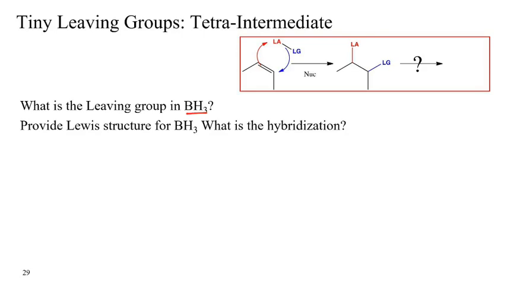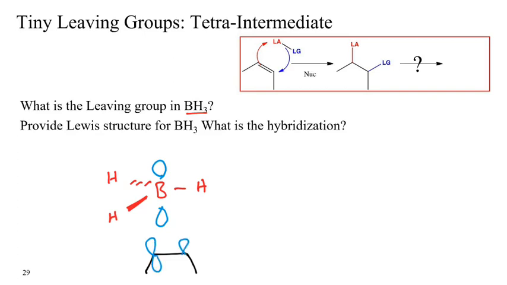Why is this special? Well, as we just elucidated with our Lewis structure for BH3, it is happy with just 3 groups of electrons around it, which means it has an empty p orbital. Why is this cool? What are we about to react it with? Well, a pi bond with p orbitals.